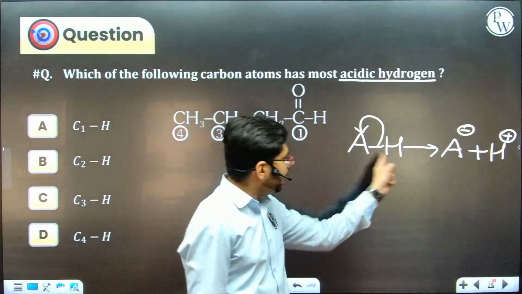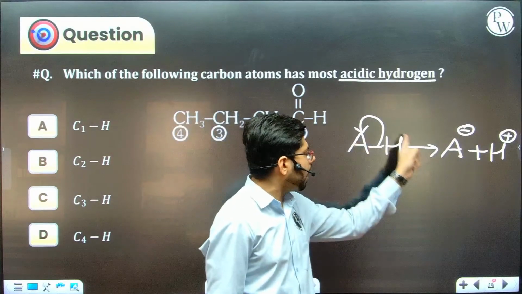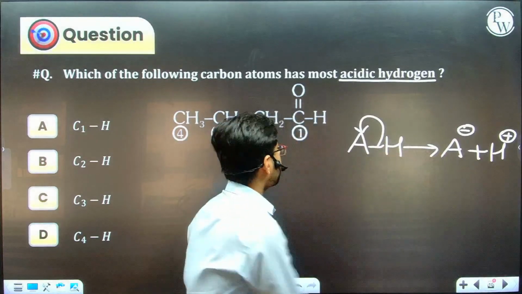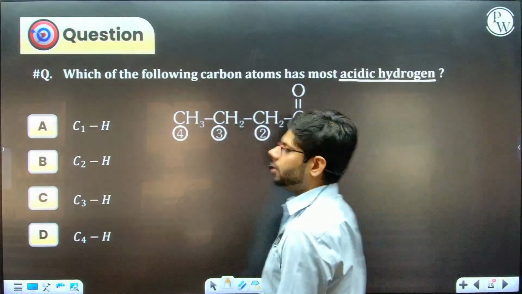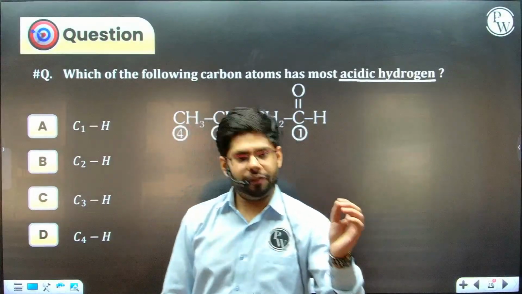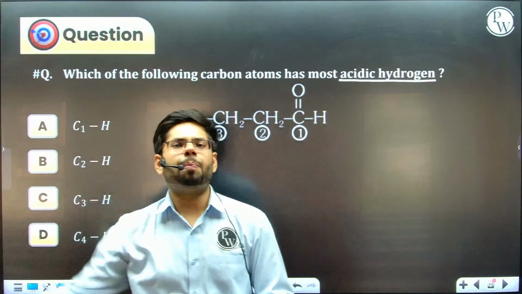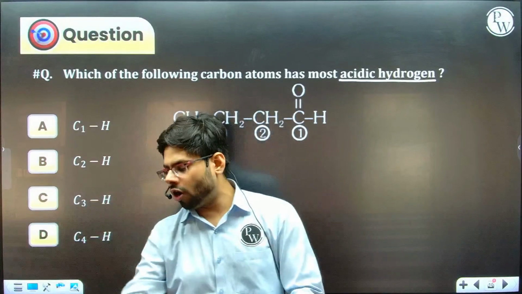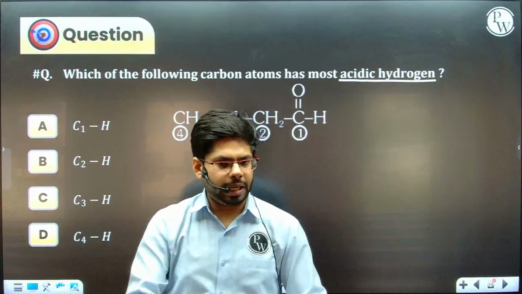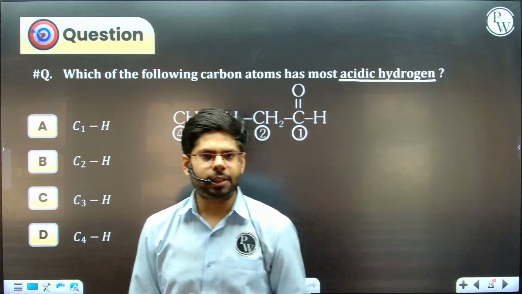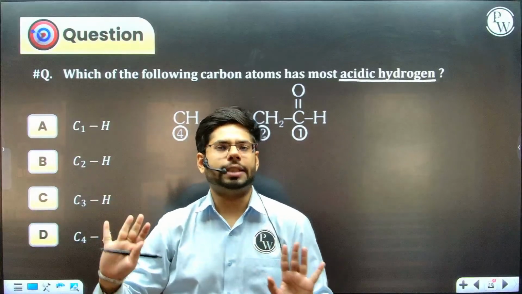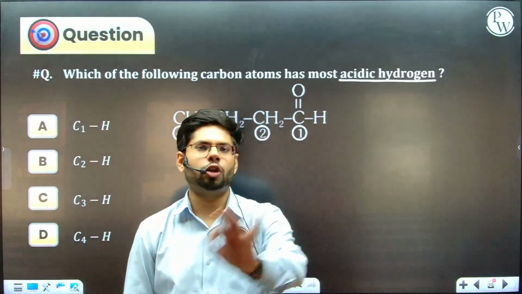In other words, if after taking out a proton, because H plus is a proton, I am able to obtain a very stable species, that means that proton can be lost easily, and so I will say yes, that hydrogen is acidic in nature.